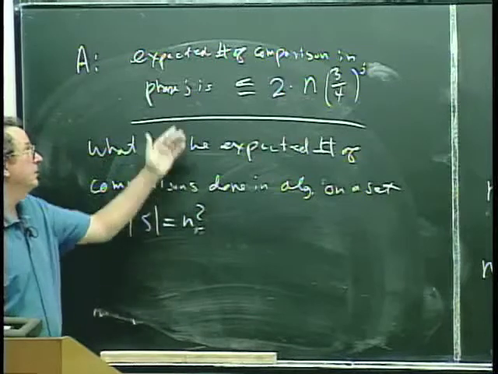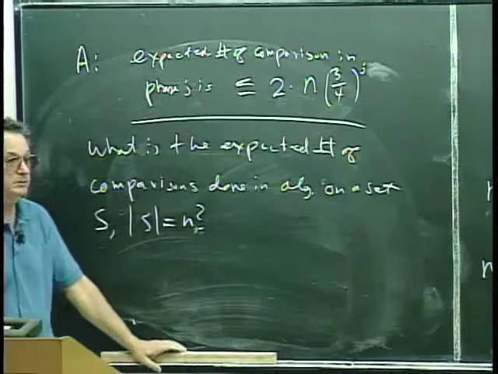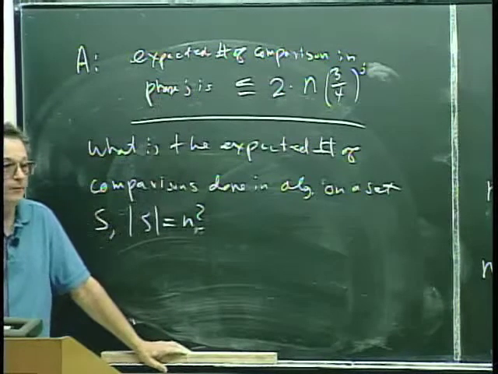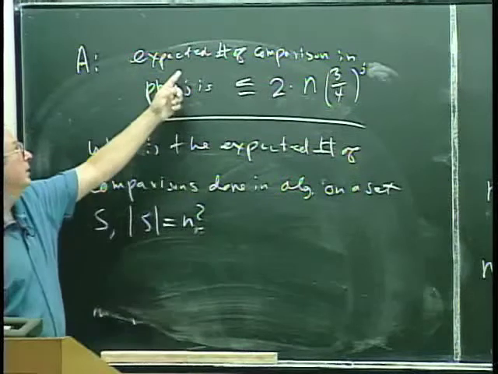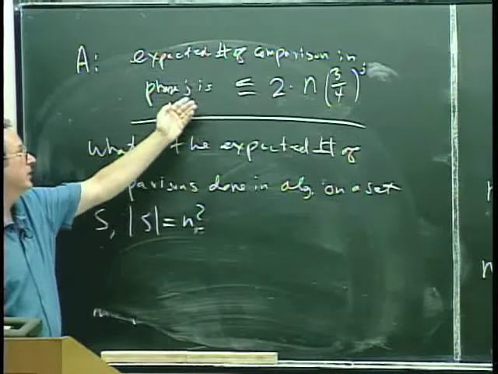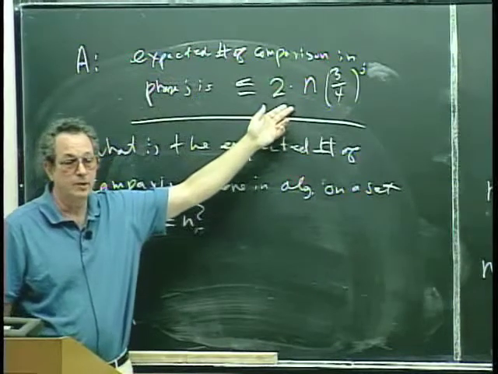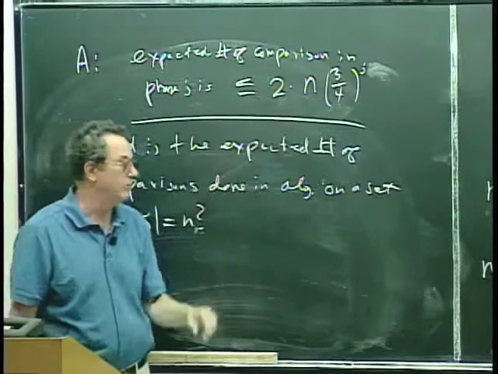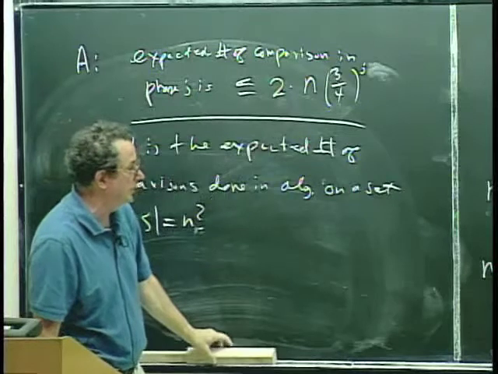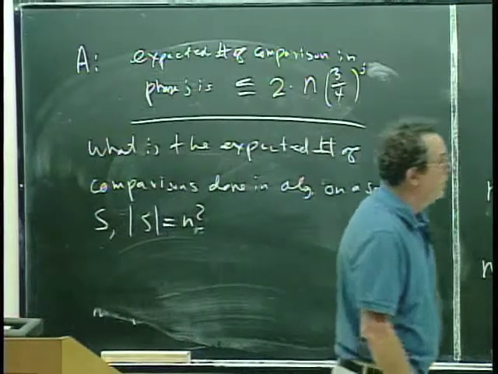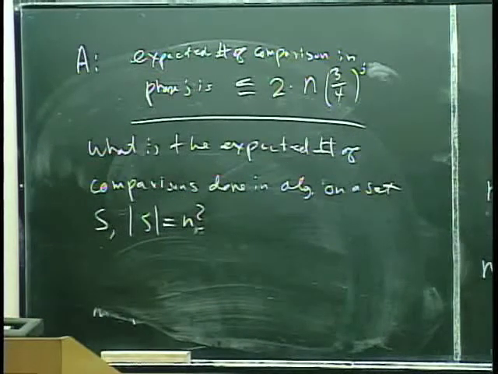So how do you set this up? We know the expected number of comparisons in phase J. It's bounded by that. Oh, and I have to remind you of one more fact that comes from probability.